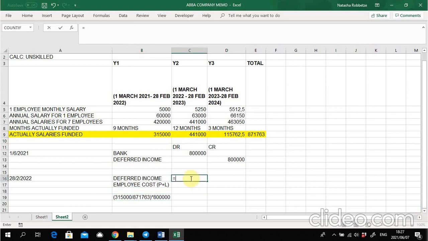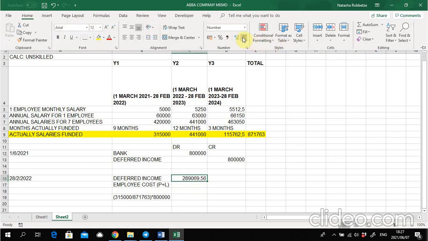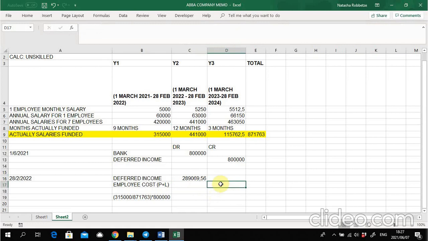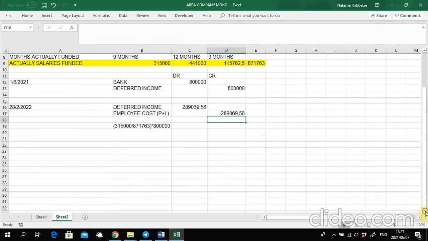If I do that math, or Excel does it for me, then I get 289,069.56 rounded to 2 decimals. How about the next year? Because they also ask us to do for 28 February 2023.